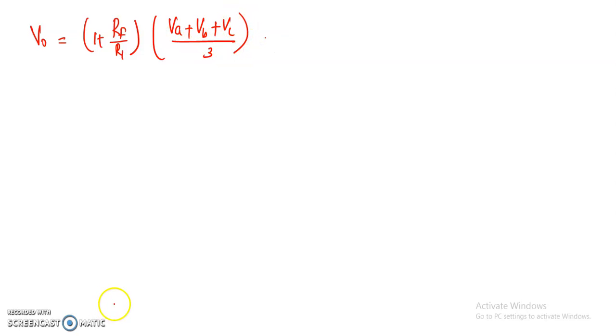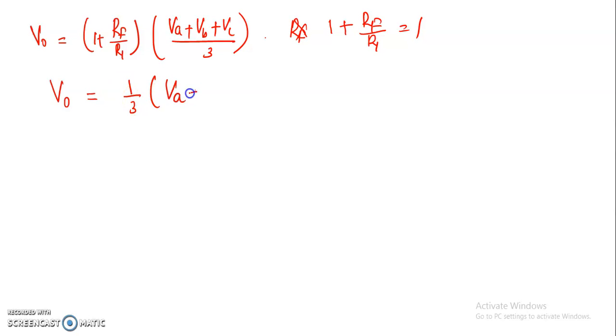Now we can approximate this amplifier as a summing and averaging amplifier. If we choose the gain of the circuit 1 plus RF by R1 as unity, that is RF equal to 0 or R1 equal to infinity, we obtain an averaging amplifier for which VO equal to 1 by 3 into VA plus VB plus VC.